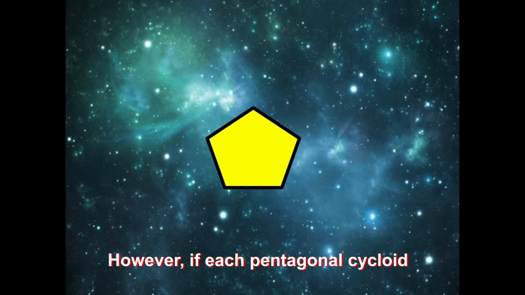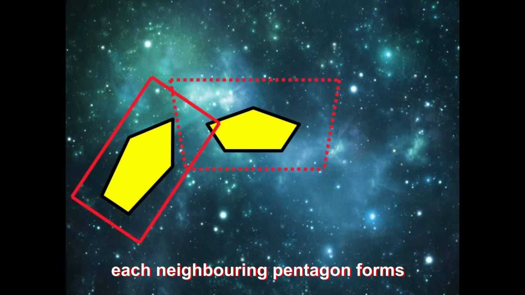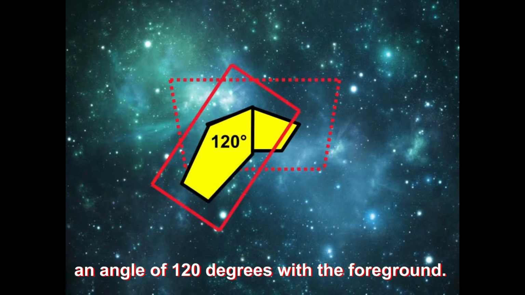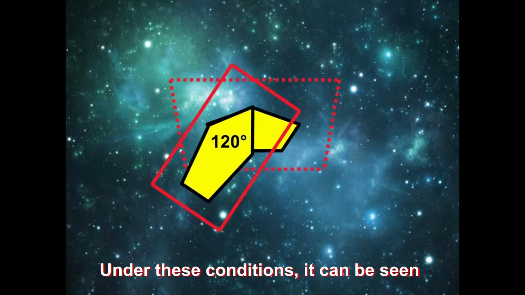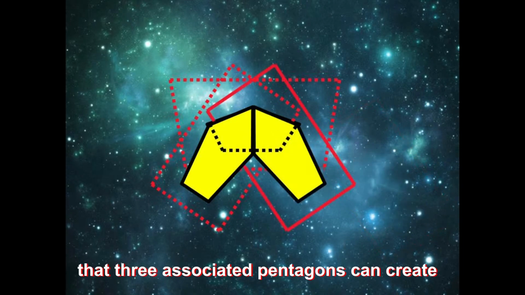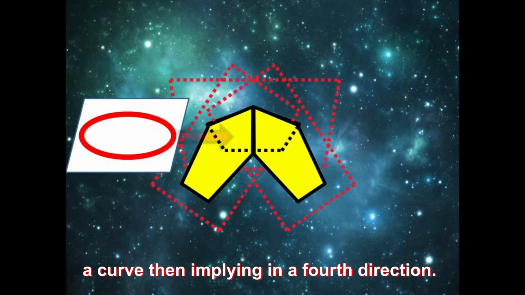However, if each pentagonal cycloid operates in individual planes, each neighboring pentagon forms an angle of 120 degrees with the foreground. Under these conditions, it can be seen that 3 associated pentagons can create a curve, then implying a 4th direction.